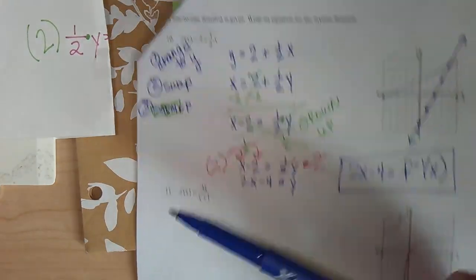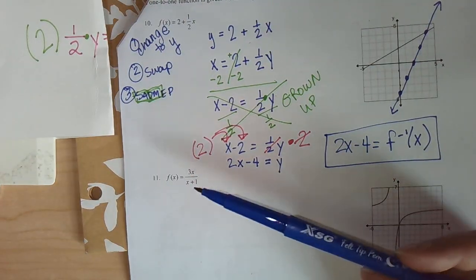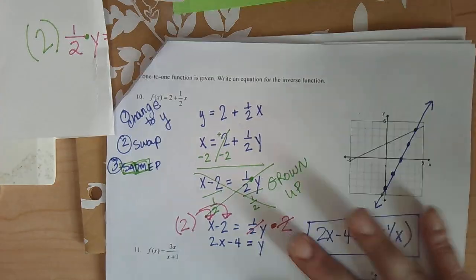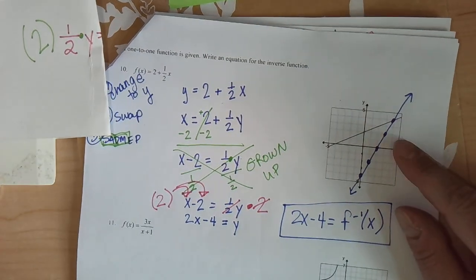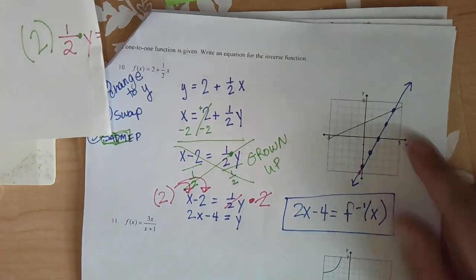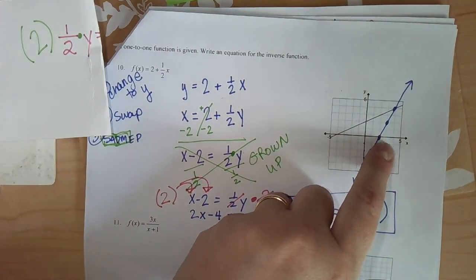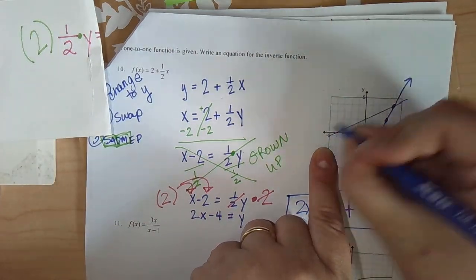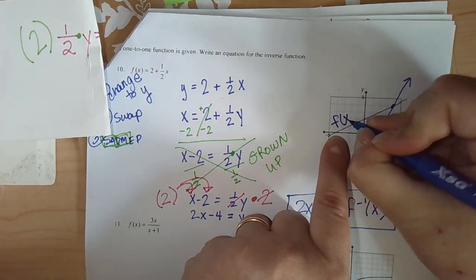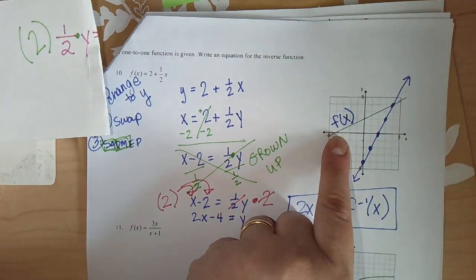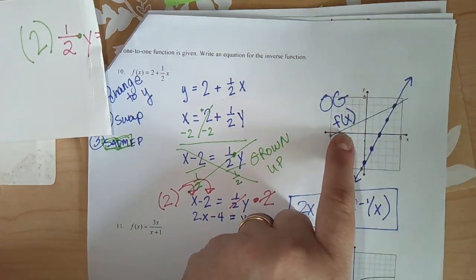Okay, so let's do this again, but with this bad boy. If you're looking at the inverse, it's super awesome because this original black line, that's the f of x. That's the OG, the original gangsta.